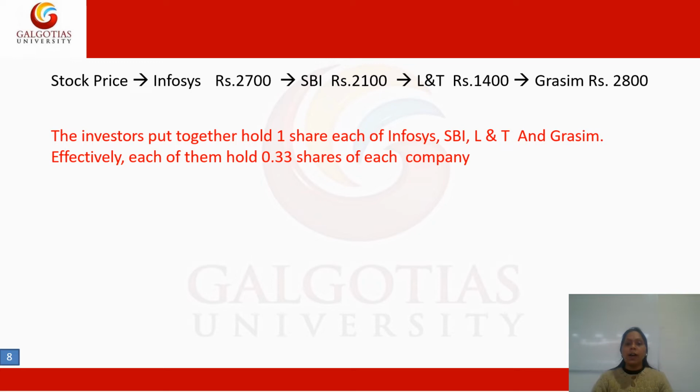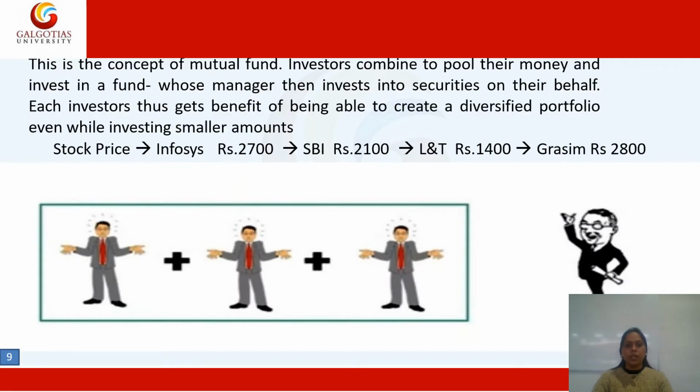Since there are three individuals who have spent 3,000 per head, out of the one share, the proportion of one investor would be 0.33 shares of each company. So this is the basic calculation, and the ultimate role is of the fund manager in collecting the money, spending it, and giving returns to the investors, basically small investors.